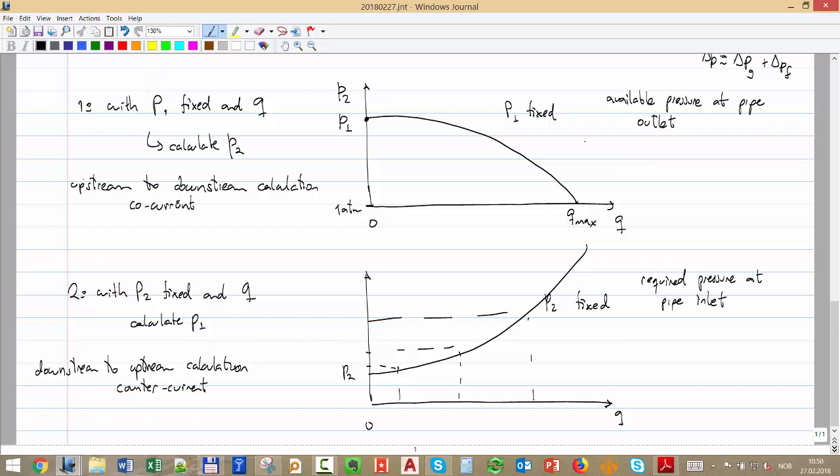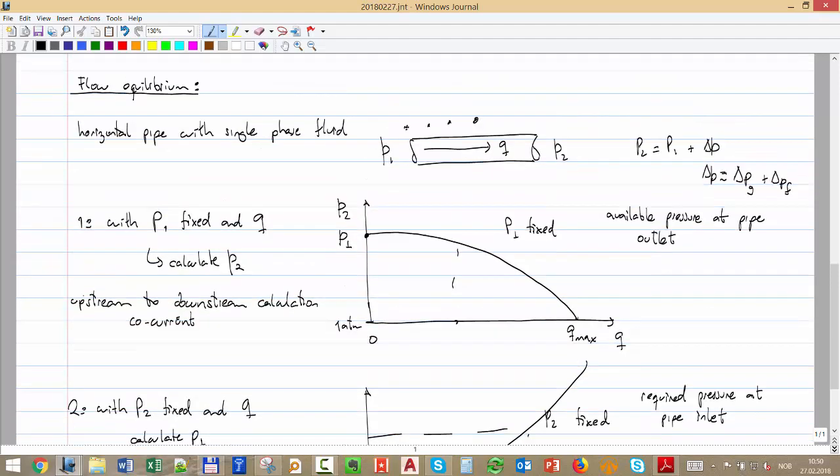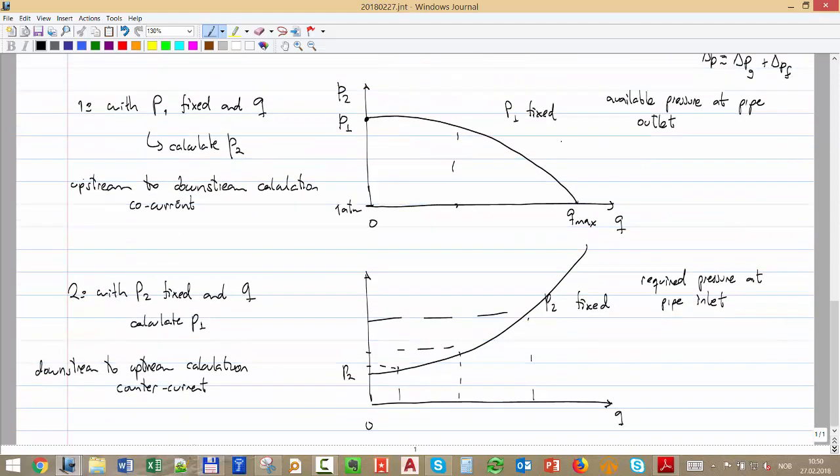Okay? So that is the available pressure. If I'm flowing that rate, that's the available pressure I have at the end of the pipe, at the discharge of the pipe. And if I go here, that's the pressure that I require to flow this particular rate through the pipe against P2, against that separator.